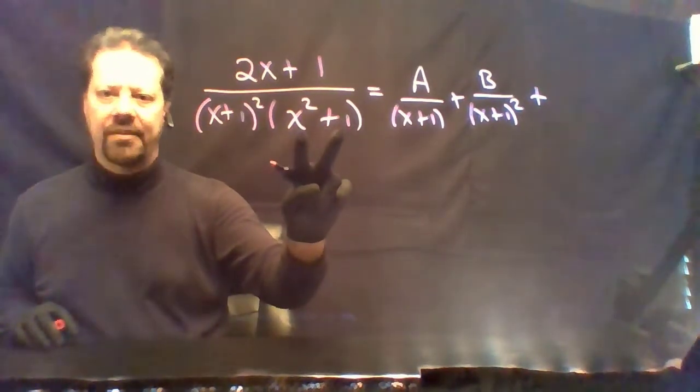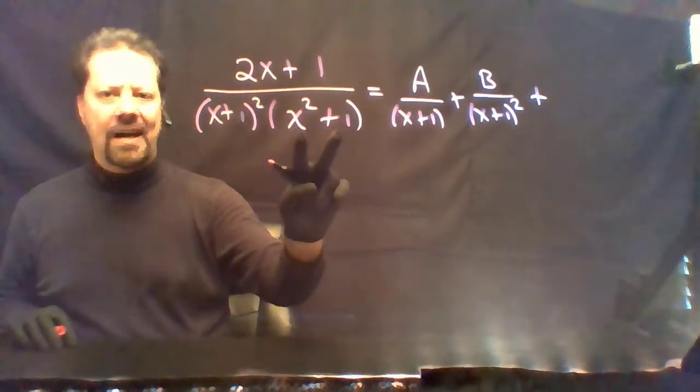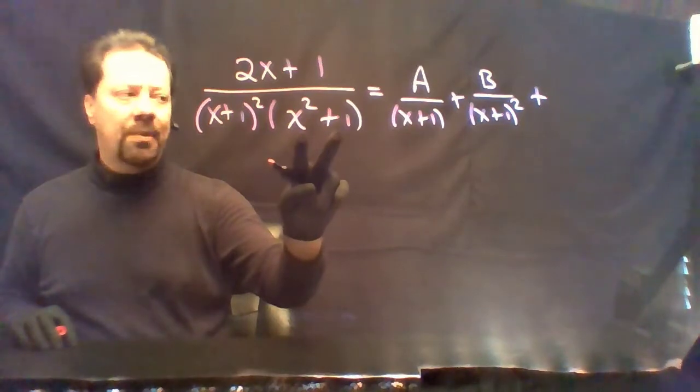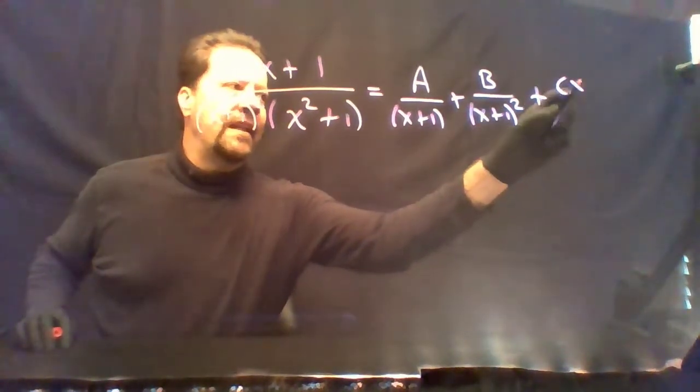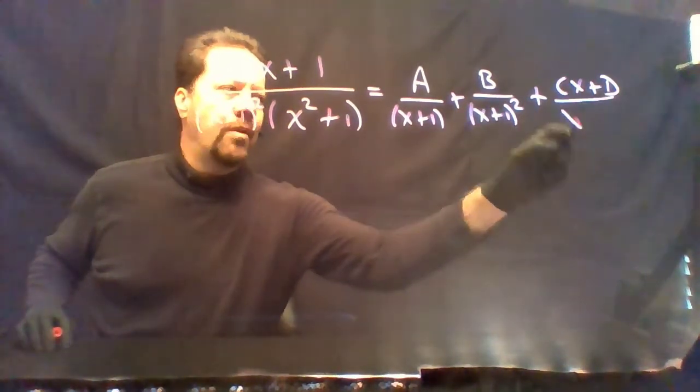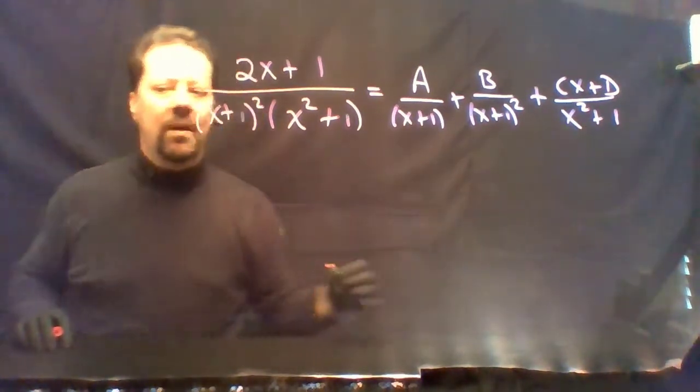The next factor in the denominator is an irreducible quadratic. For all irreducible quadratics, you need a linear numerator over that quadratic.